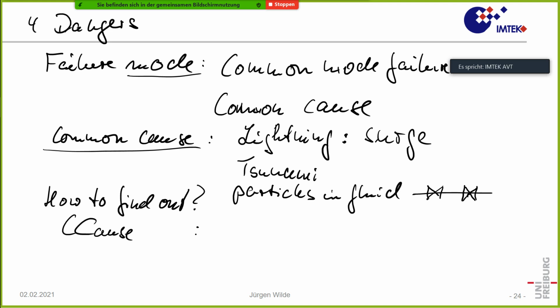So, common cause failure is a risk, or a hazard. How do we know about risks? We do risk analysis. And what is a special risk analysis, which is a qualitative or a semi-quantitative analysis in that case? Which one?